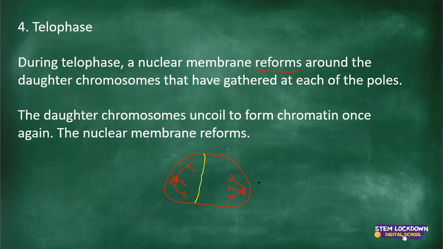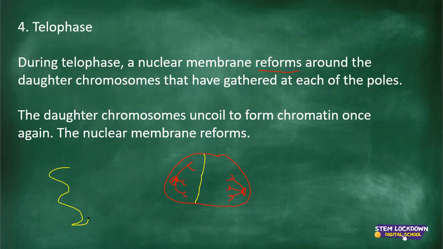In telophase, it is reforming. In prophase, the chromatin strands, which are thin and long, were thickening and shortening. How do they do that? They coil. Remember that DNA is a coiled structure, and chromosomes are actually very, very coiled structures of DNA.